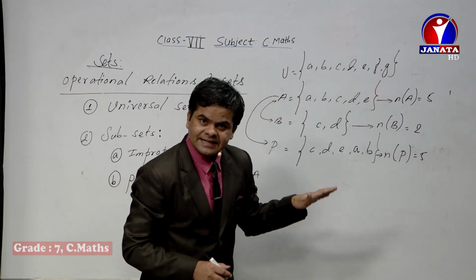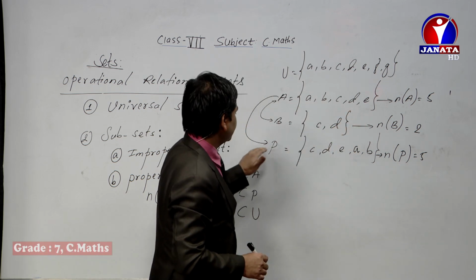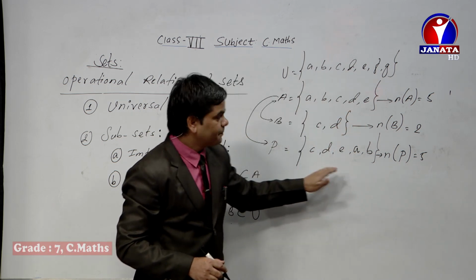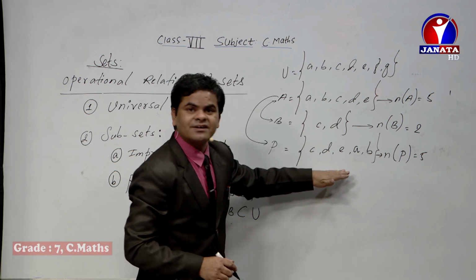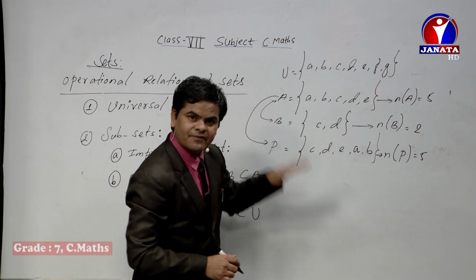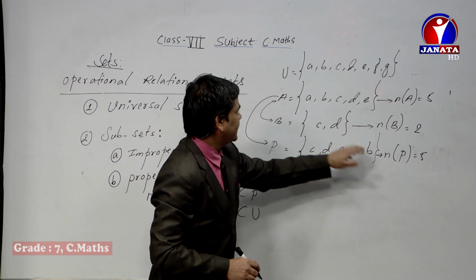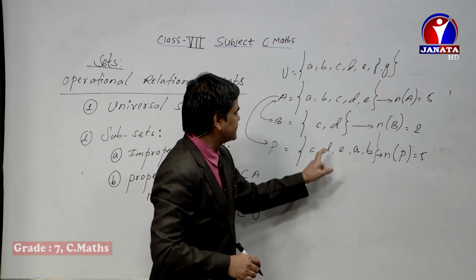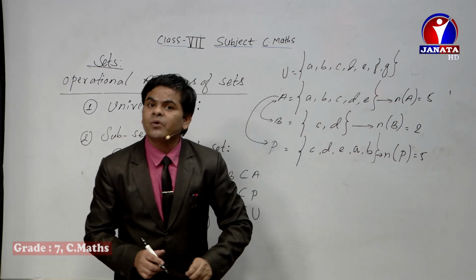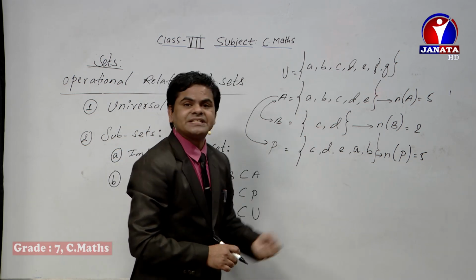Moreover, if you look at the elements contained in set A and in set P, although the position is different, A is there, B is there, C is there, D is there, and E is there. There are no more elements contained in set A other than those in P.